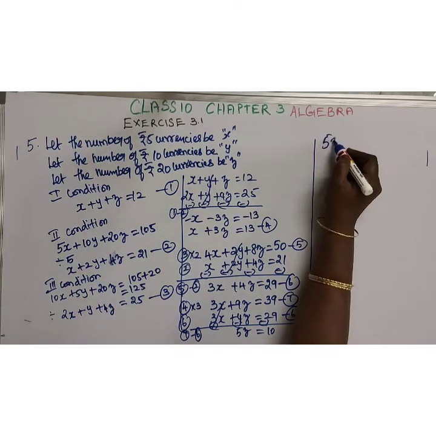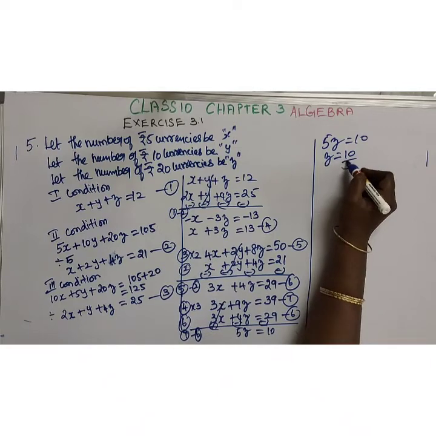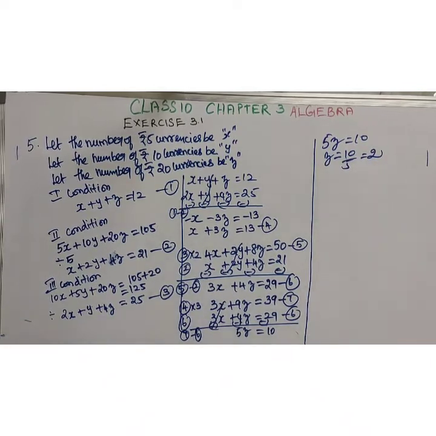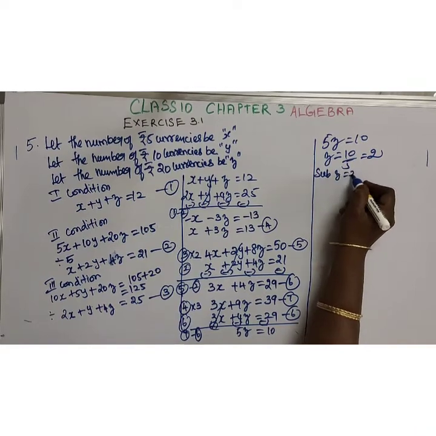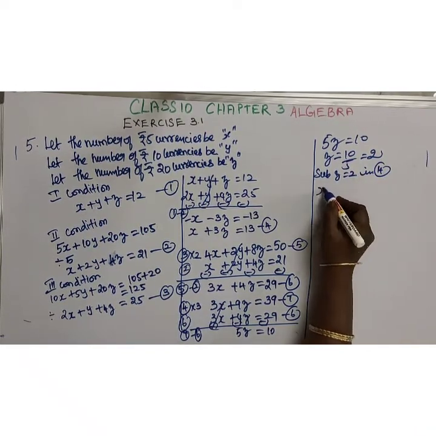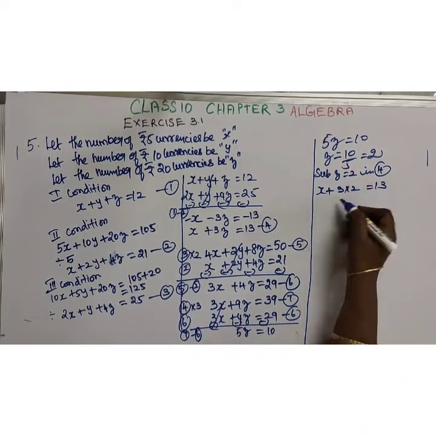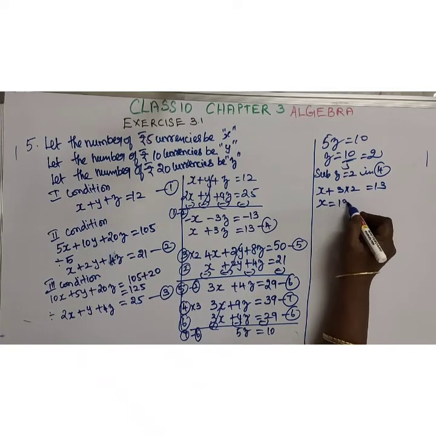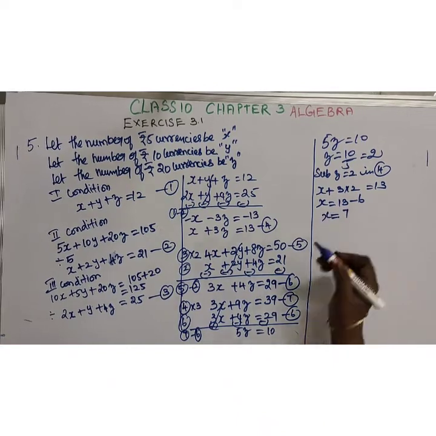So 5Z equal to 10 implies Z equal to 10 by 5, that is equal to 2. Now substituting Z equal to 2 in fourth equation. So X plus 3 into 2 equal to 13. So X equal to 13 minus 6. So X equal to 7.